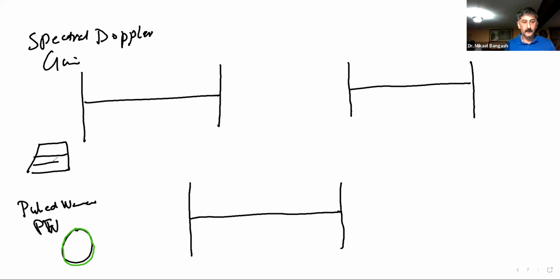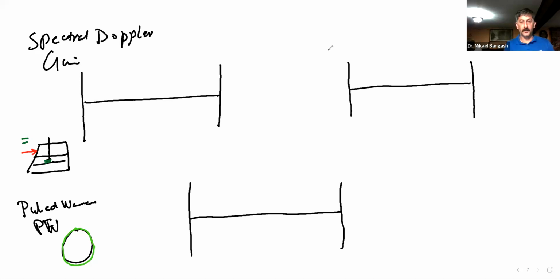the main thing here is that you want your sample gate window to be perpendicular or longitudinal to the flow of the blood. Let's say your blood flows like this, you want your sample window to be at this angle here.